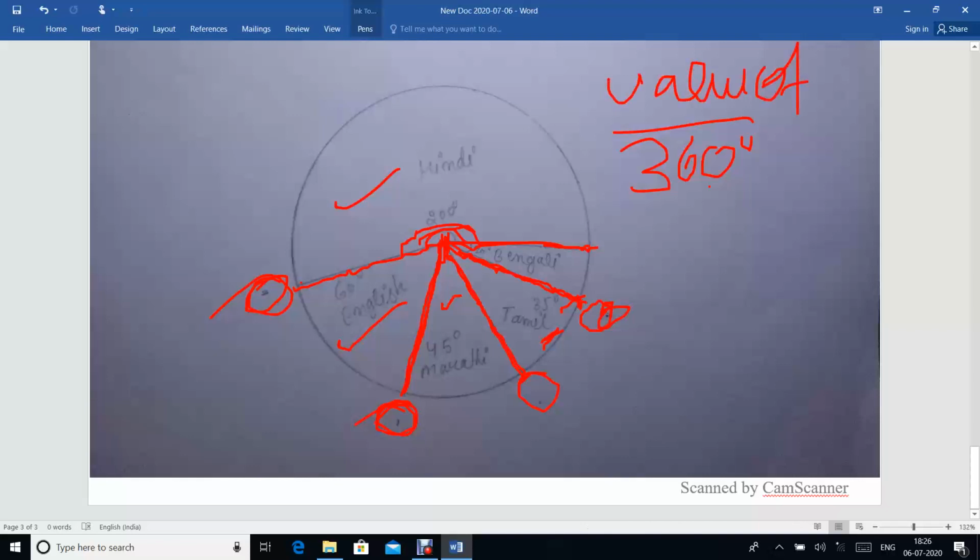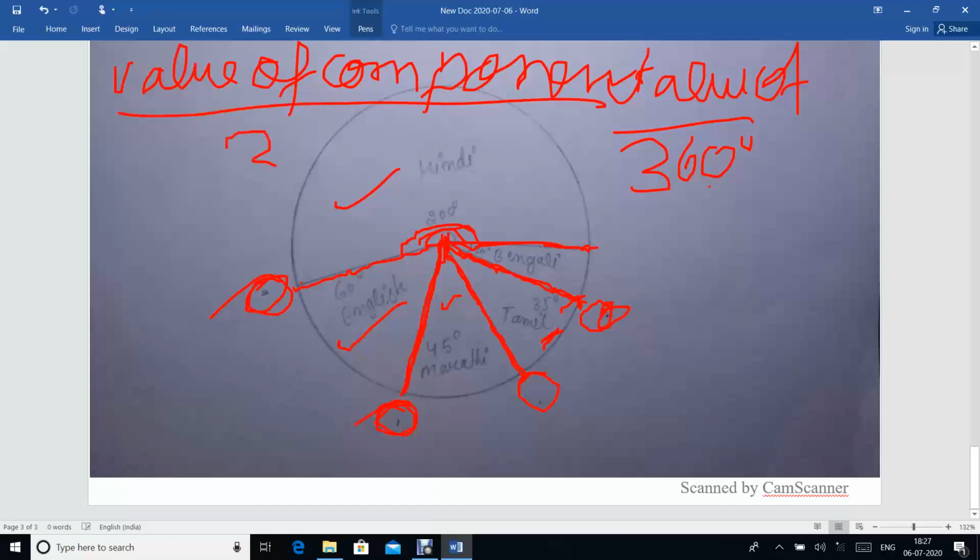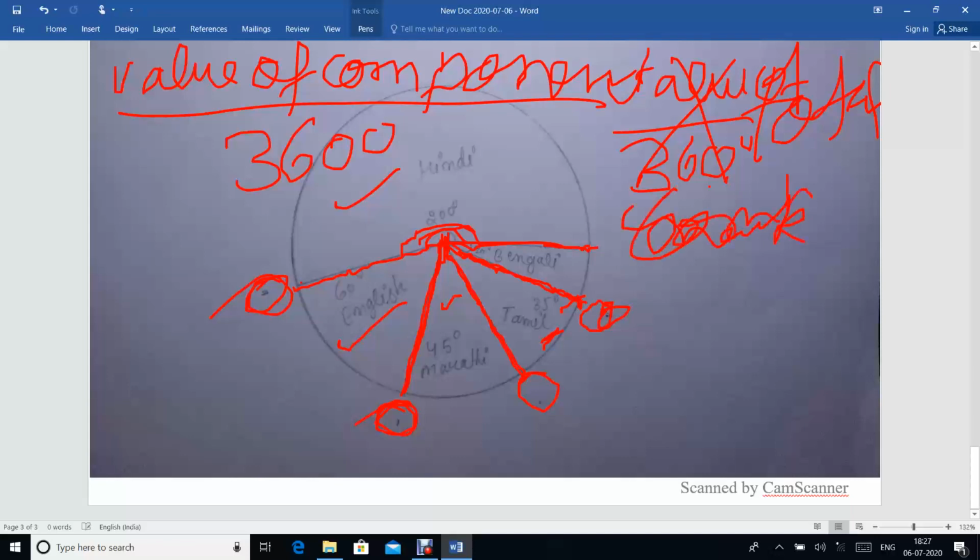For this you have to apply the formula: value of component divided by 360 degrees, multiplied by total marks or total component, okay, as you did in question number 4. I hope all of you understand by here.